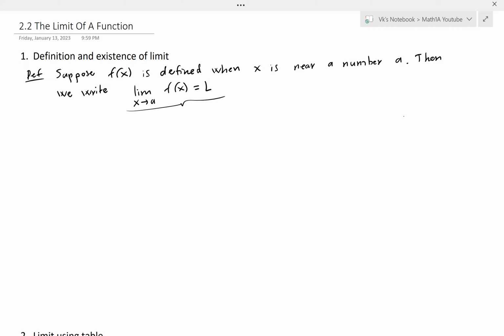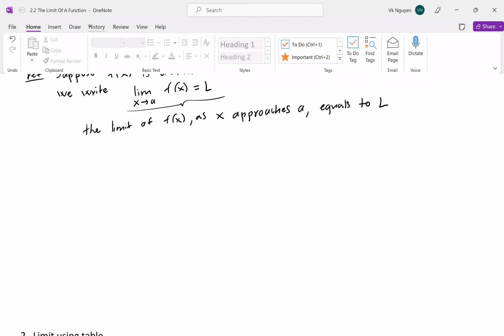This notation means the limit of f(x) as x approaches a is equal to L. Well, if we look at a number a, there are two ways that we can approach that number.